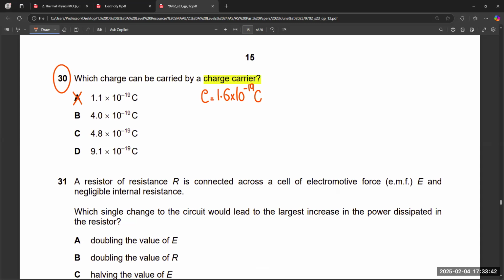Basically, if you divide each option by 1.6 exponent minus 19, it will give you an idea whether you are getting a complete, specific number of charges or not. For example, in option B, 4 exponent minus 19 divided by 1.6 exponent minus 19, we are getting the answer 2.5.